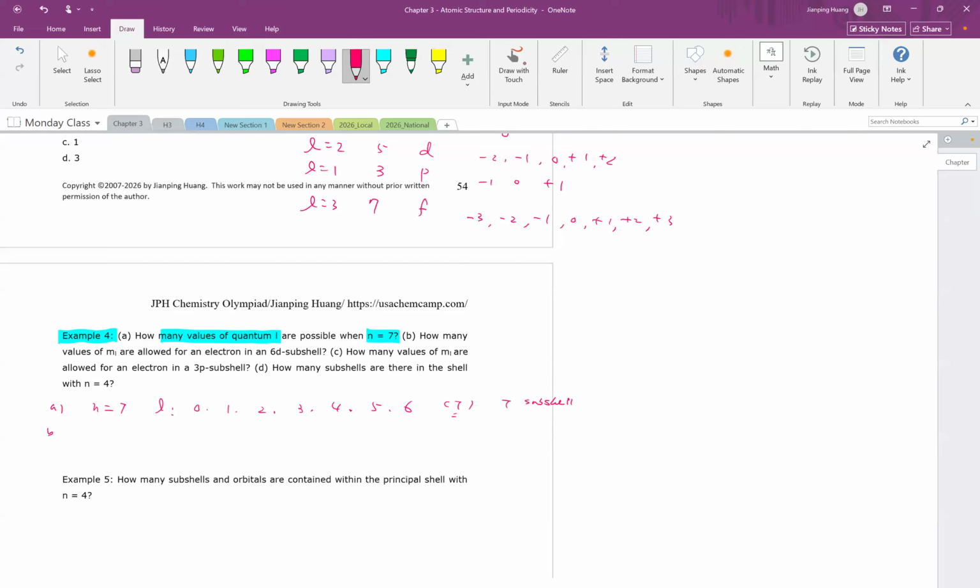Now look at B. 6d, L equals what? 6d, L equals 2, s, p, d. Right? L equals 2. How many values of ML?